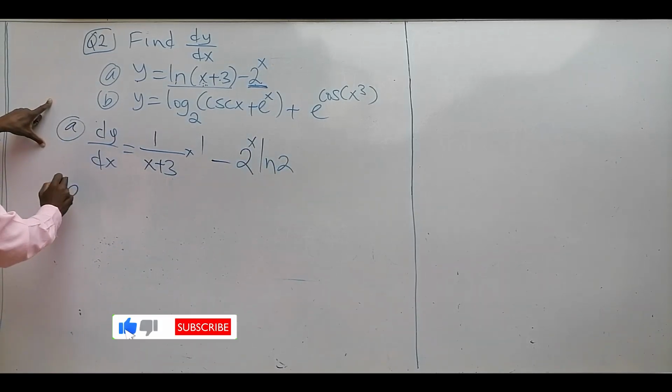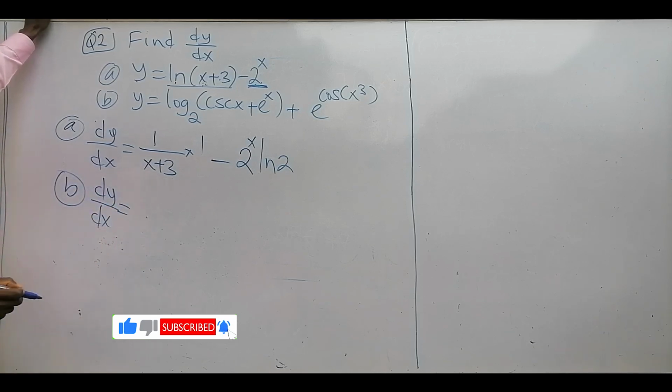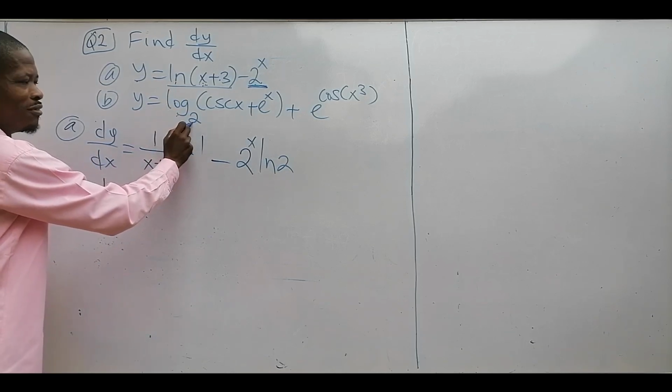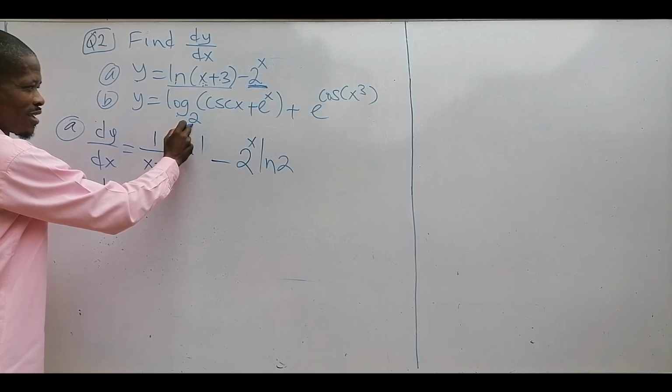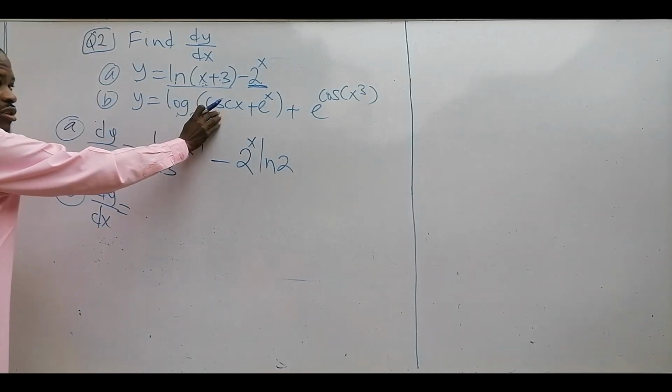The second part, dy/dx is going to be equal to, this is logarithm to base 2. I'm going to chip in one or two things before going straight to the solution.